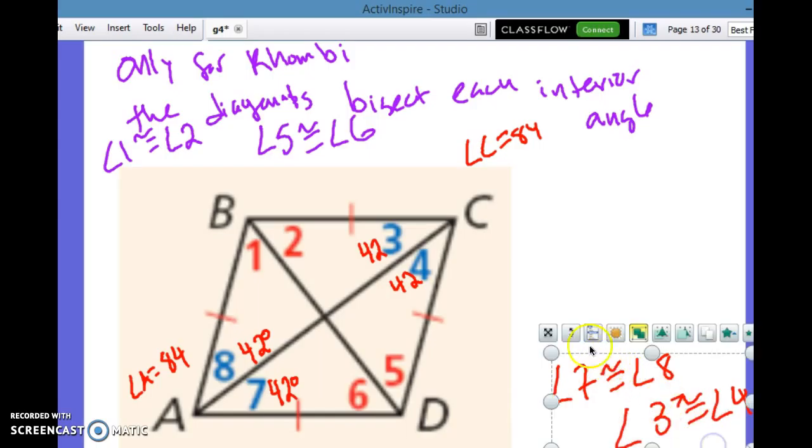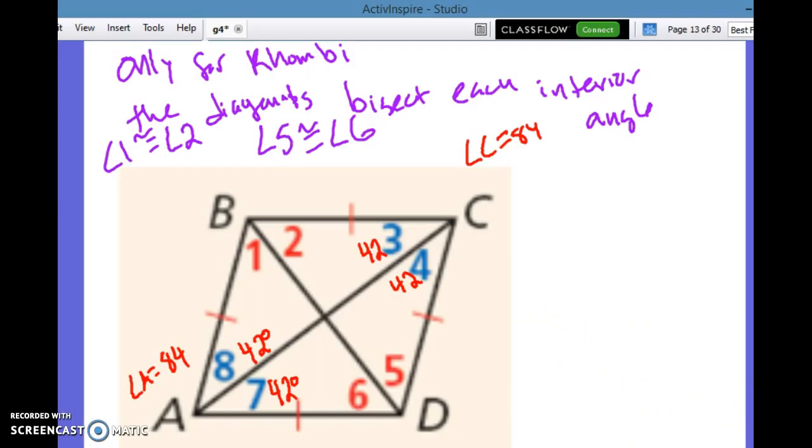Now let's see if we can use another property of parallelograms. Does anyone think they can tell me what angle D equals? All of angle D? Yes, angle A and angle D are going to be supplementary to one another because they're consecutive.